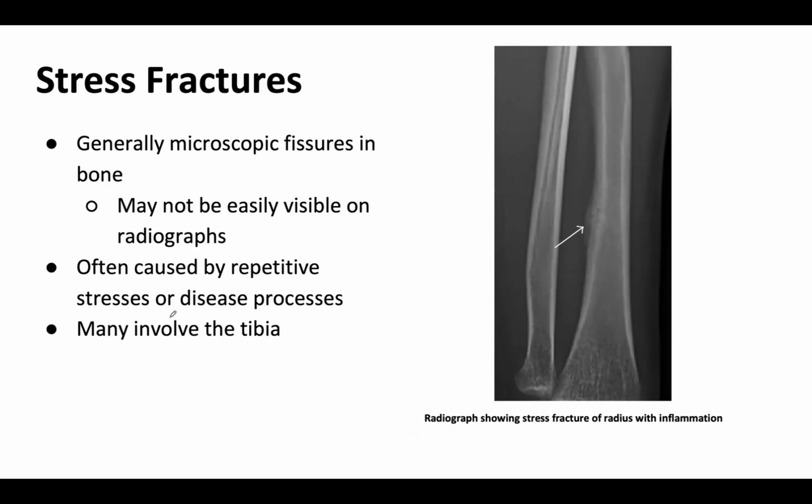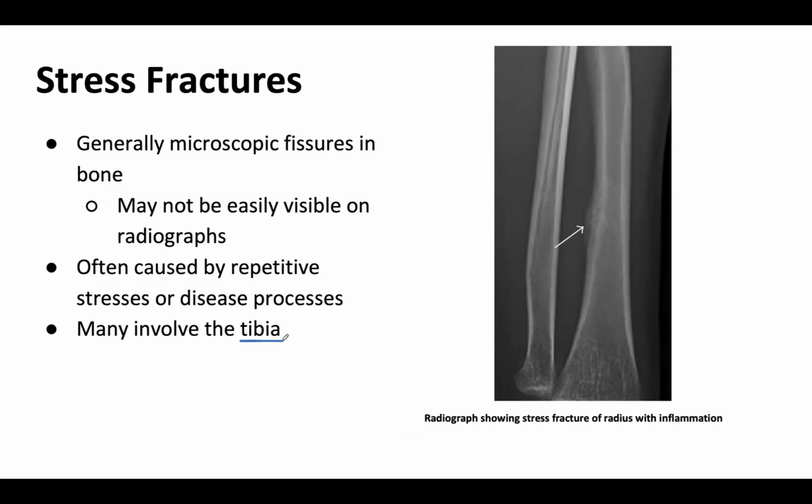Up to 25% of all stress fractures involve the tibia, which makes sense. It is going to be the weight-bearing bone of the leg, and the leg has to deal with a good amount of the stress that comes with overall body weight. So it makes a lot of sense that the tibia is an area of focus.